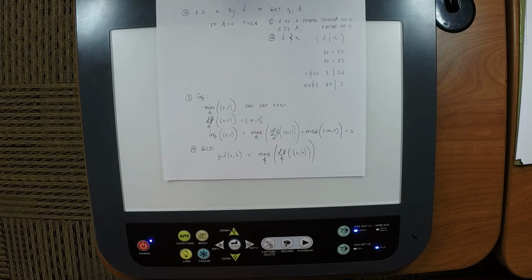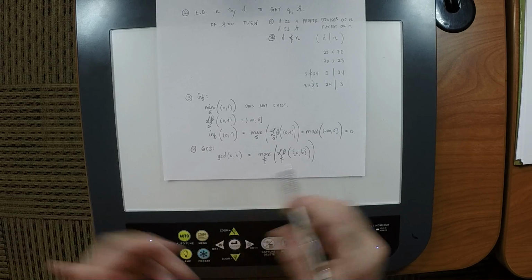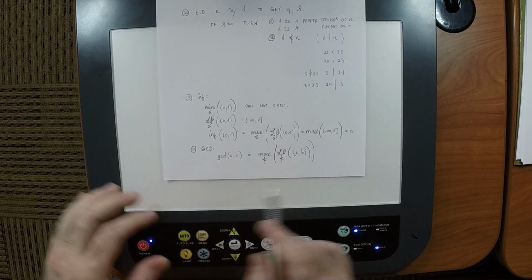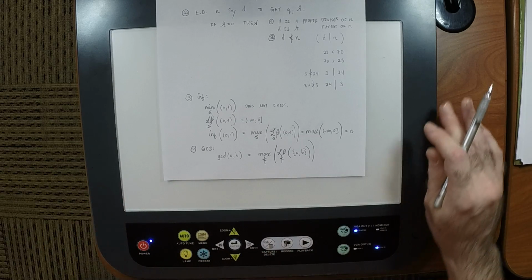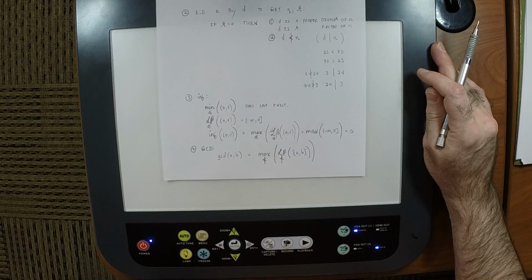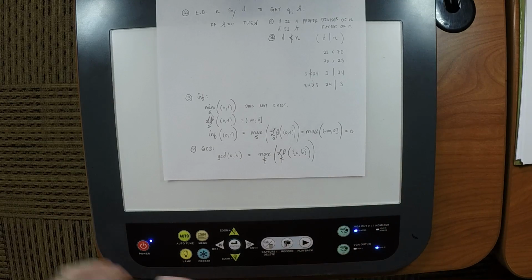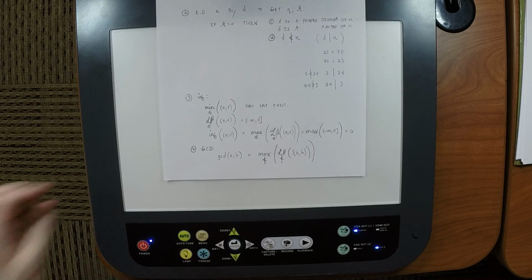But also understand that there's nothing magical about having two elements in a set. This definition just as well defines the GCD of three numbers. You just take these three numbers, find the set of lower bounds and then find the biggest one. So you can find the GCD of 3 numbers, 10 numbers, whatever you want.